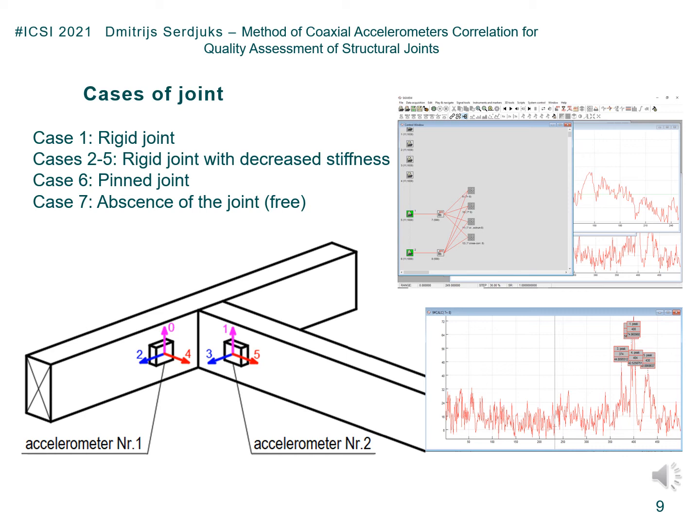Each of the accelerometers takes vibration records in 6 directions, which are shown on the figure. Both 3D accelerometers are numbered. Accelerometer number 1 was placed on the main beam and accelerometer number 2 was placed on the additional beam.